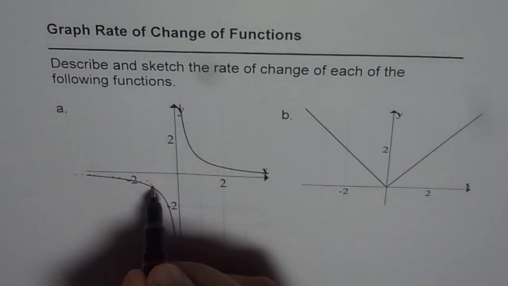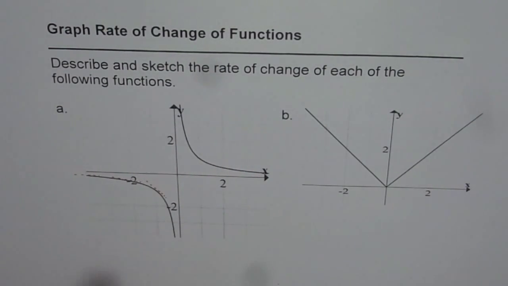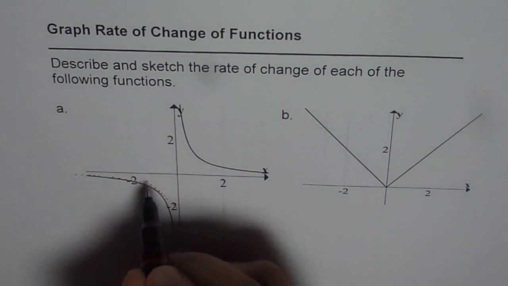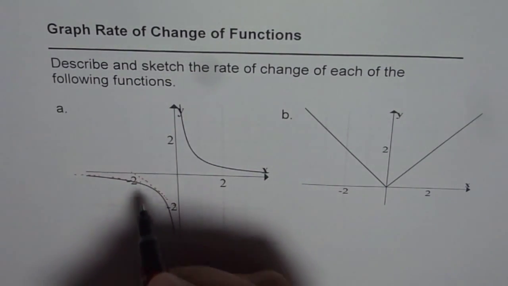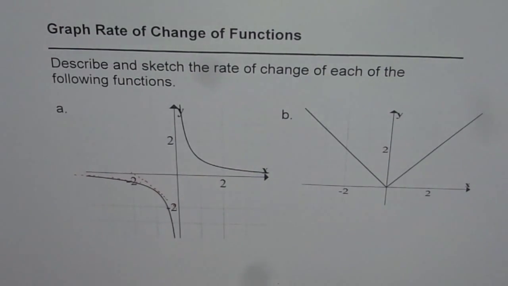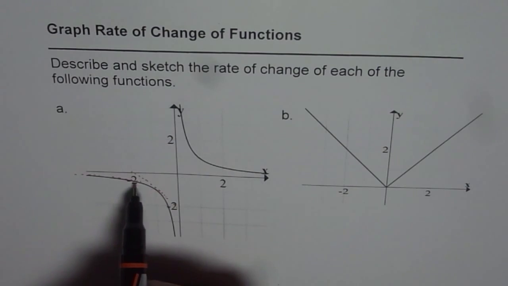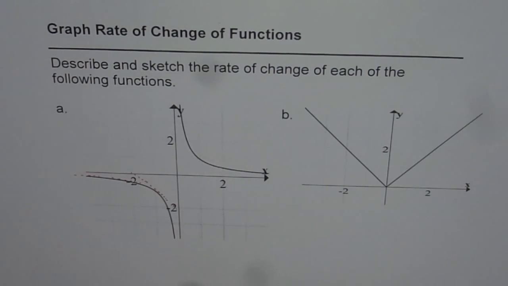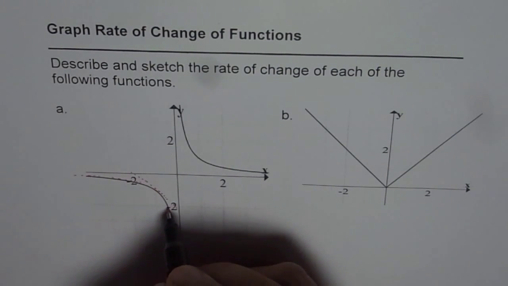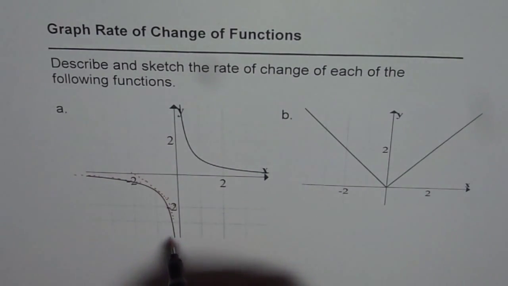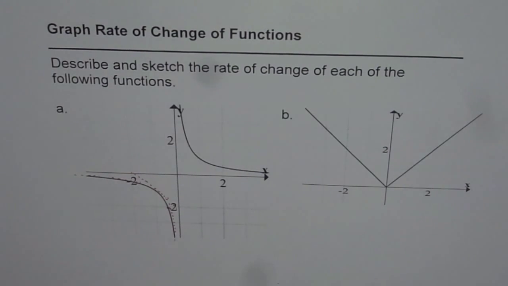If I draw a tangent at this point, which is at -1, the slope seems to be, let's extend this, right? So what you have to do here is draw tangents and find the slope. This slope seems to be 1 and this slope seems to be half, right? Just comparing. Now if I draw a tangent further, it is more negative, and as we go along this curve, it is almost vertical.